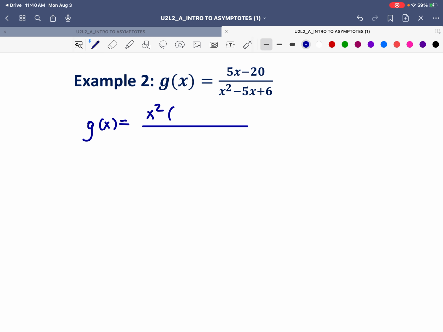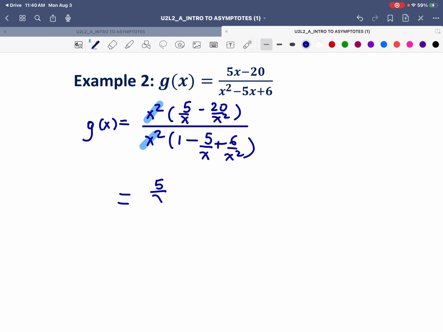So x squared and then 5 over x minus 20 over x squared. Now x squared, 1 minus 5 over x plus 6 over x squared. Simplify, and now we get 5 over x minus 20 over x squared, over 1 minus 5 over x plus 6 over x squared.